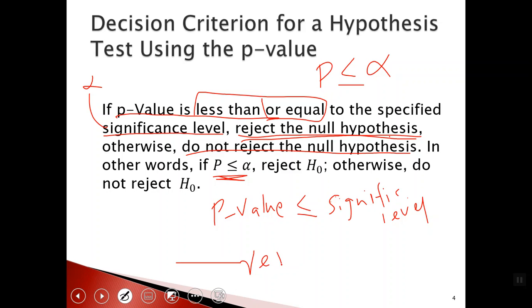We reject H naught. Otherwise, we do not reject. That's the decision we get by using this p-value approach.